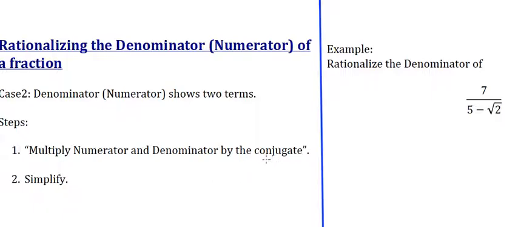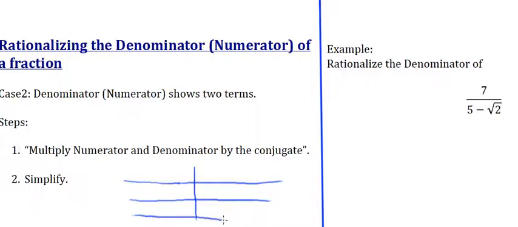Alright, let's start by explaining what the conjugate of the sum or the difference of 2 numbers is. For that, let me construct this little table. I'll give you a couple of examples, which should be enough for you to get it. Conjugate.